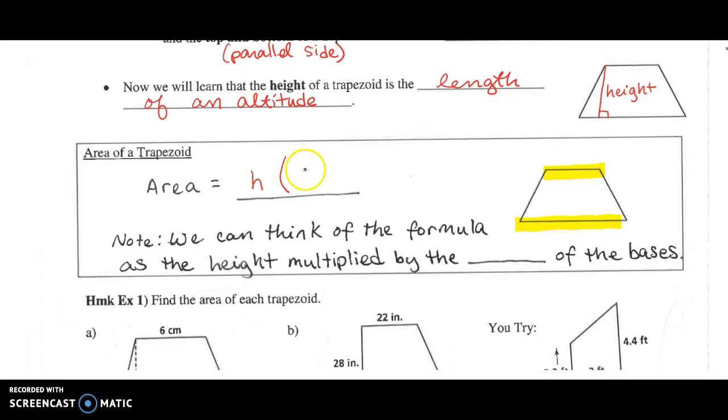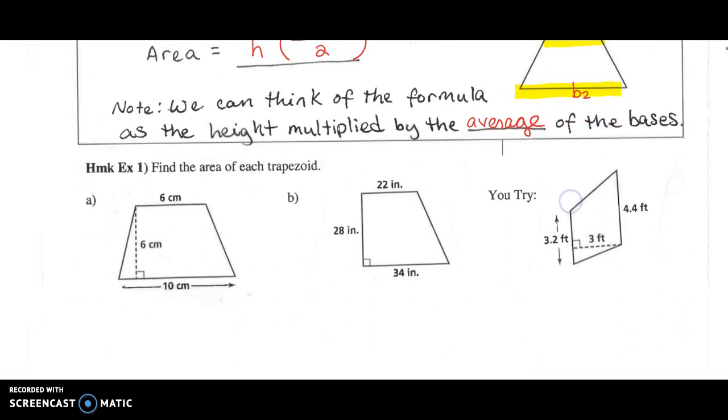We're going to take the average of the bases. Take B1 plus B2, divide it by 2, and that average length of the two bases is what we'll multiply times the height. So we can think of the formula as the height multiplied times the average of the bases.